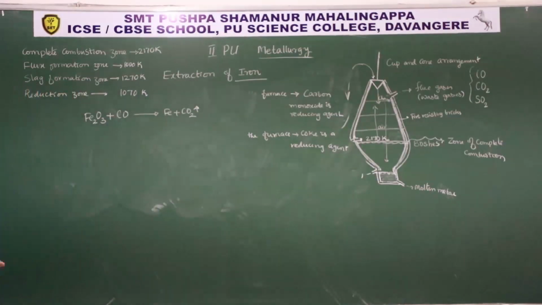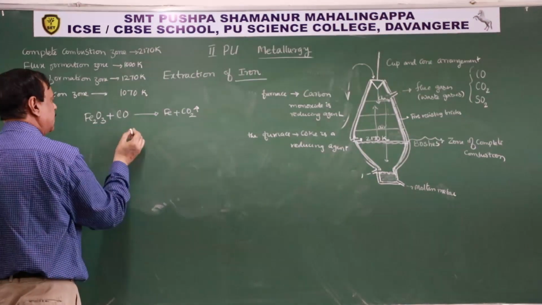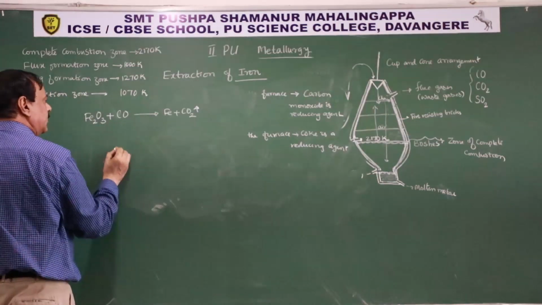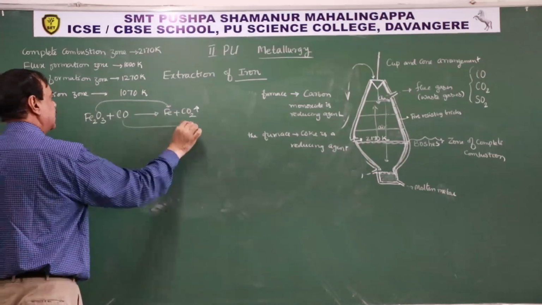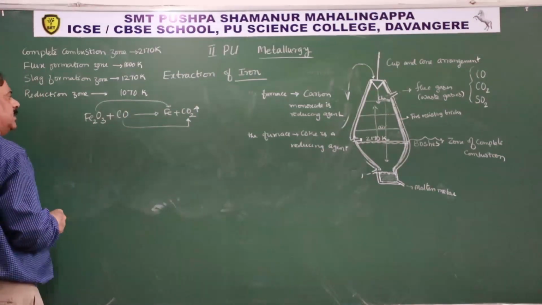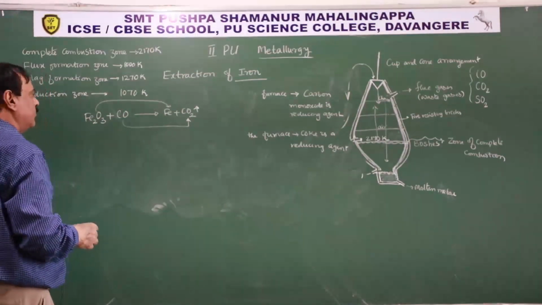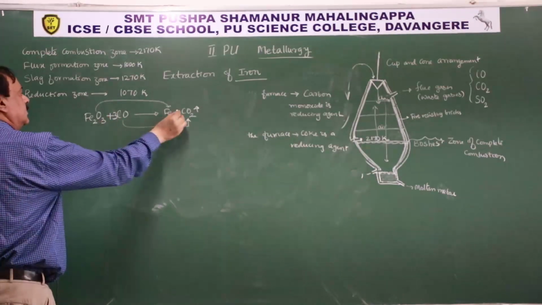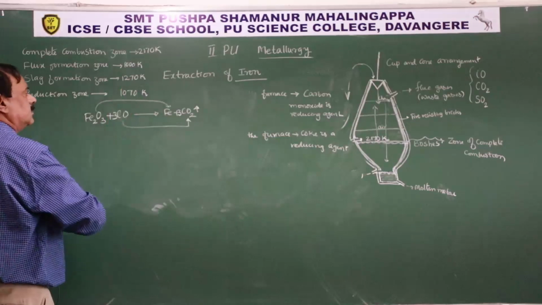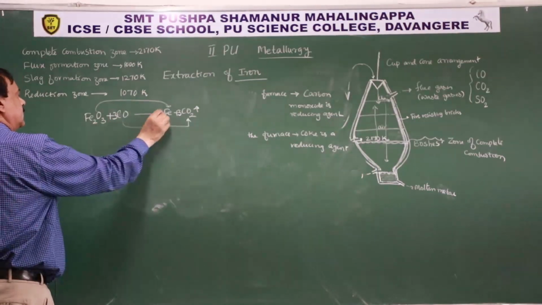Here carbon monoxide is oxidized to carbon dioxide, and ferric oxide, hematite, is reduced to iron. Is it clear? This is Fe2O3 plus 3CO giving 3CO2 and 2Fe.